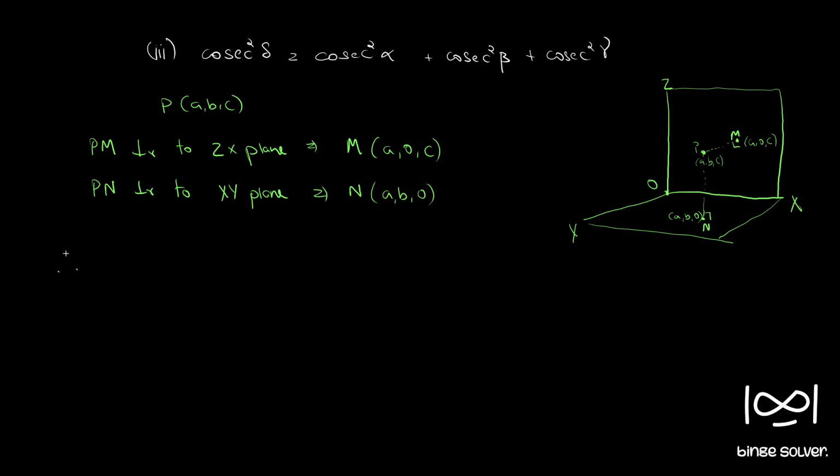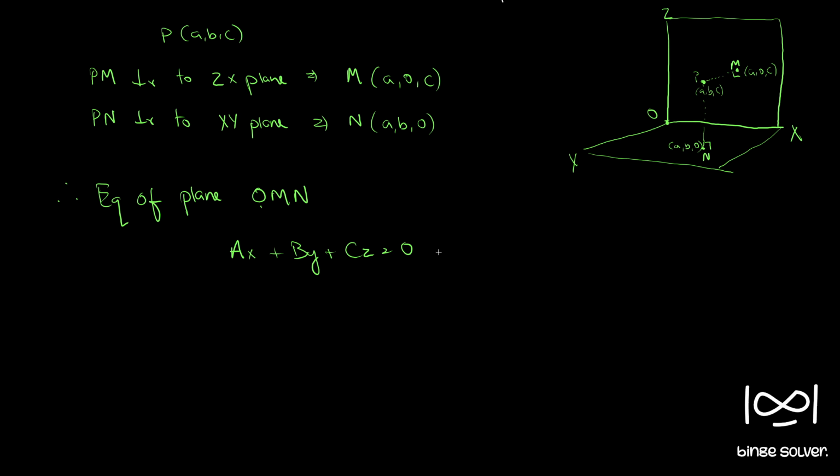Now we need to construct the equation of the plane OMN, a plane passing through the origin and these two points. The general equation of a plane passing through the origin will be something like Ax + By + Cz = 0, equation 1.